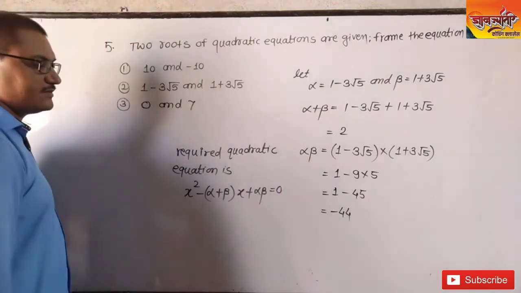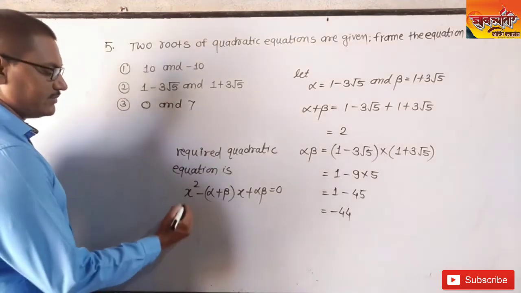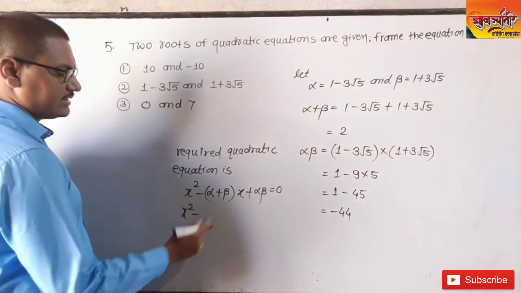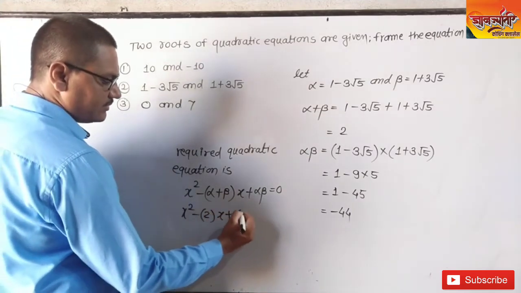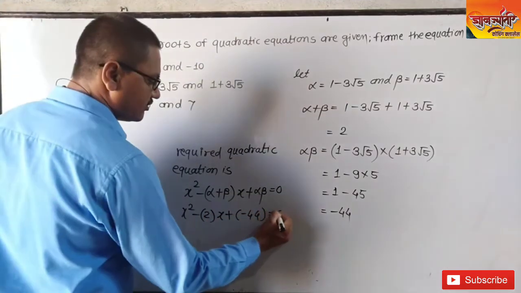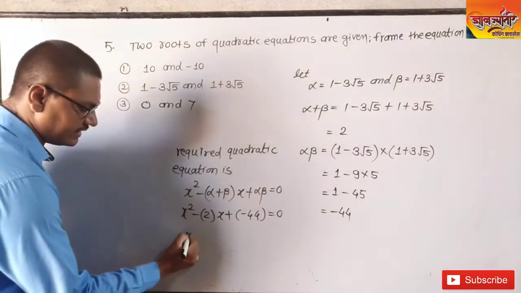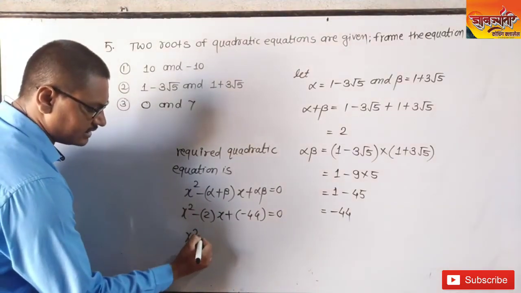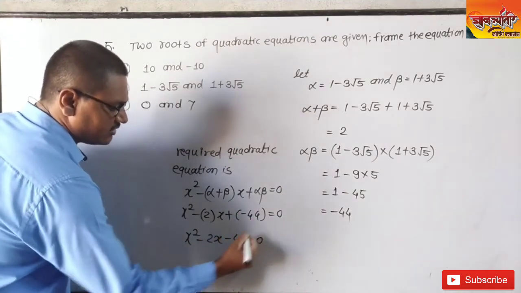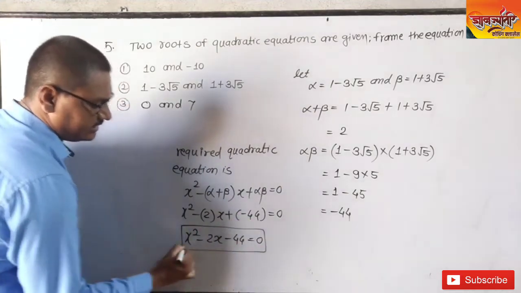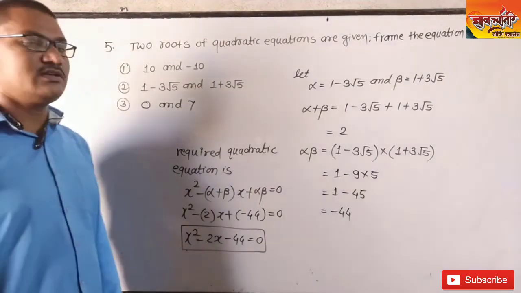Substitute the values of alpha plus beta and alpha beta: x square minus 2 into x plus minus 44 is equal to 0. After simplifying, the required equation is x square minus 2x minus 44 is equal to 0. This is the required form for the second problem.